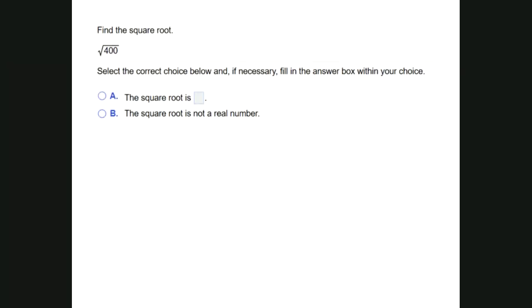Let's look at our first problem. The thing is to find the square root of 400. And let's see, what number squared is 400? And it is 20. You would like to run a check on that.